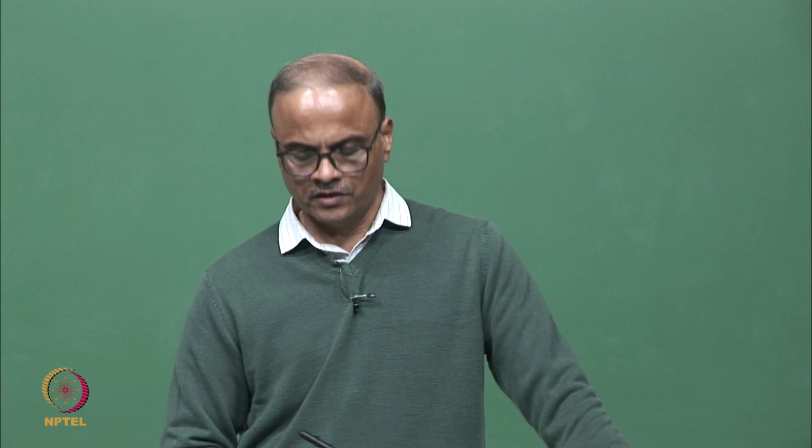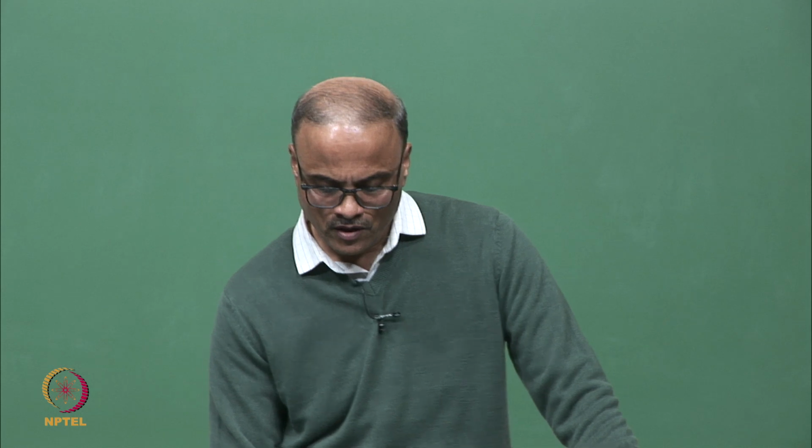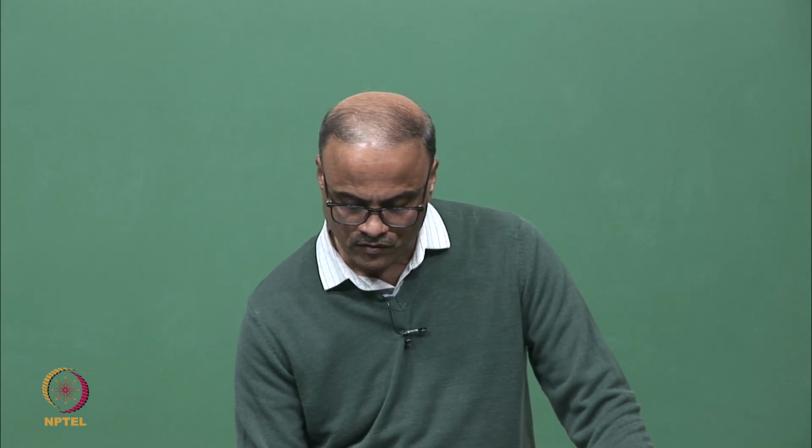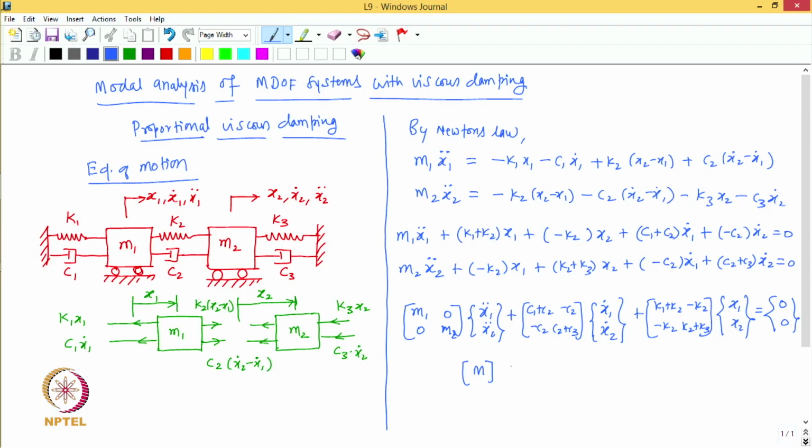So this is the matrix form of the equation, and we can represent it symbolically as the mass matrix multiplied by the acceleration vector, plus the damping matrix multiplied by the velocity vector x dot, plus the stiffness matrix multiplied by the displacement vector, and it should be equal to 0.